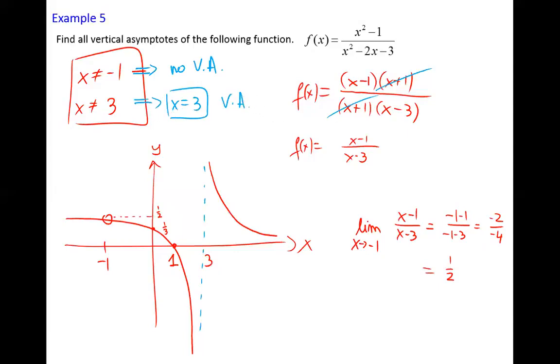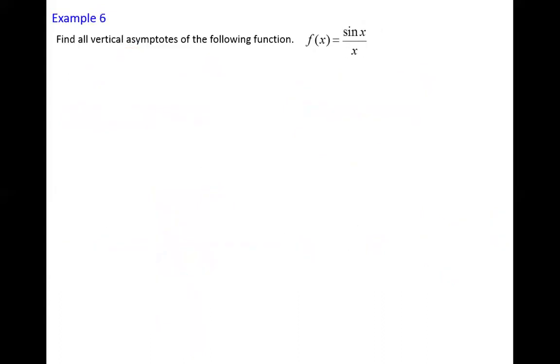And I have one more. Find all vertical asymptotes for the following function, sine of x over x. Okay, that means this one we can definitely see that x equals 0 is not in the domain because it's sitting in the denominator.